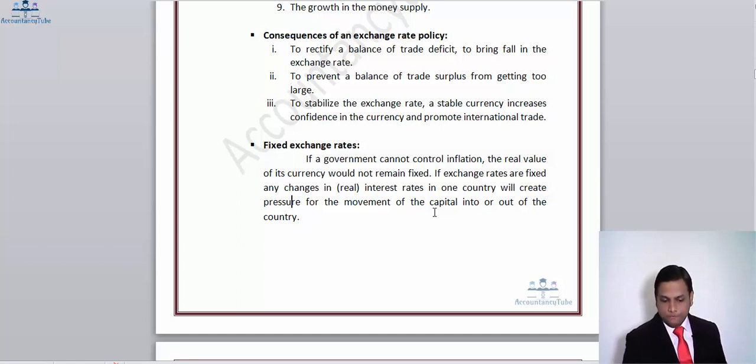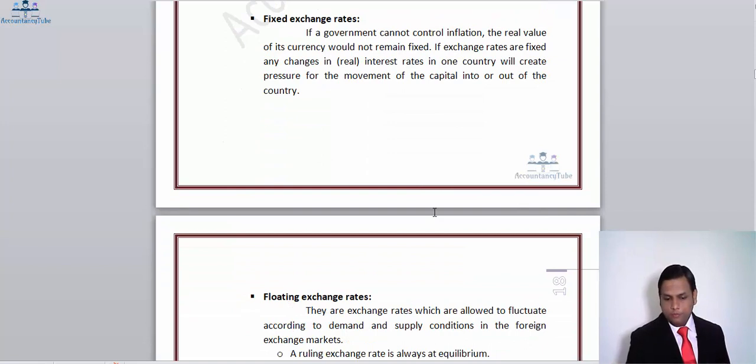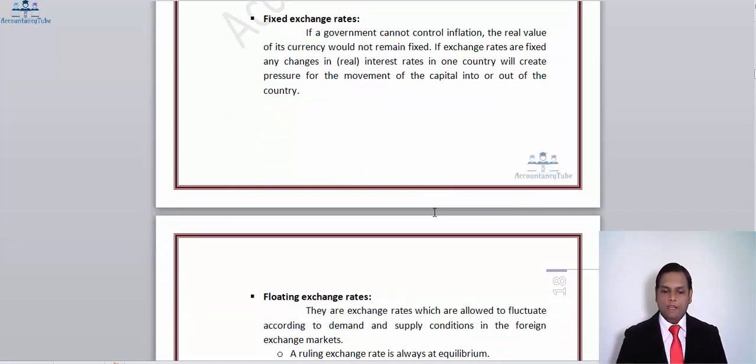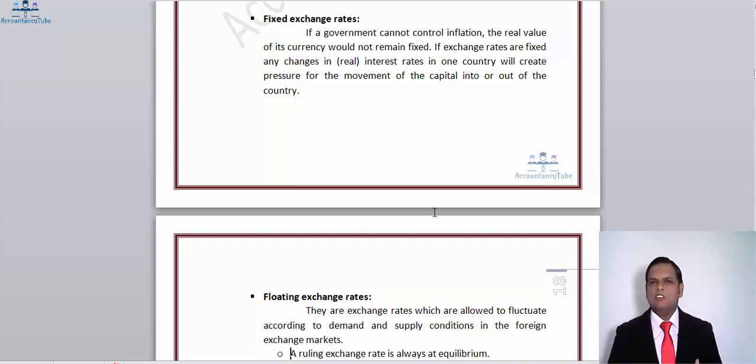That's the main objective. Now, the policy involves basically two ways through which exchange rate policy can have an effect. Most governments firstly follow the fixed exchange rate. A fixed exchange rate implies that the government keeps the exchange rate steady irrespective of whatever is happening in the economy.